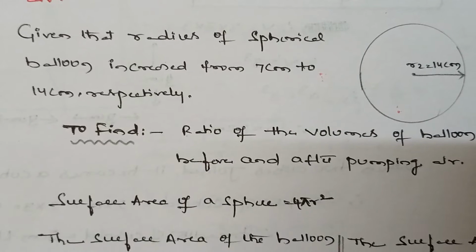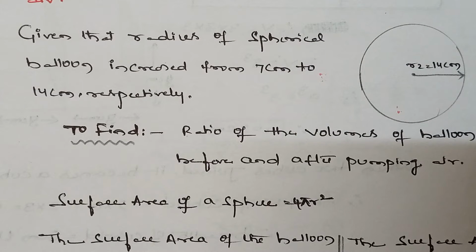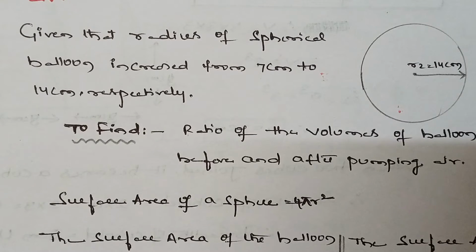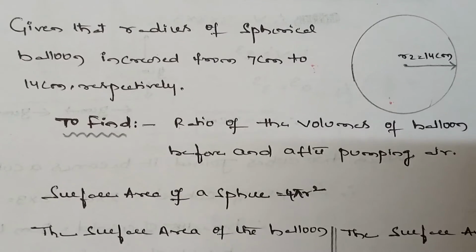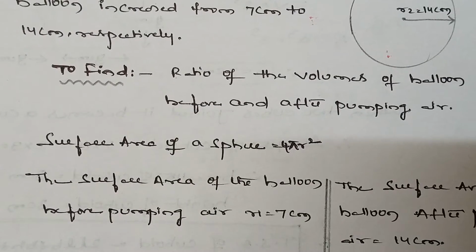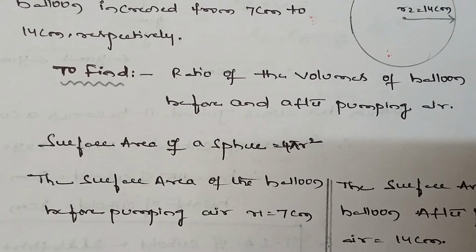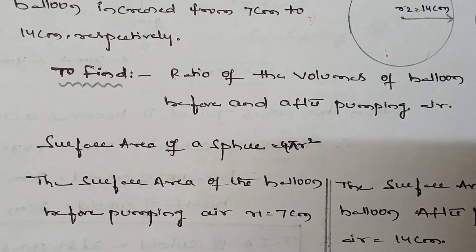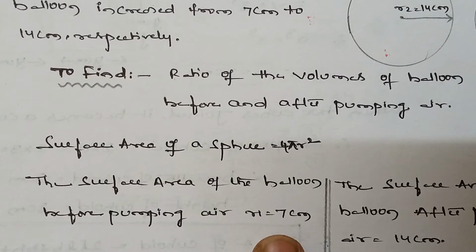Okay, using the surface area of a sphere. Students, the surface area of a sphere formula is 4 pi r square. First find the surface area of the sphere, that is the balloon, with radius 7 centimeters.